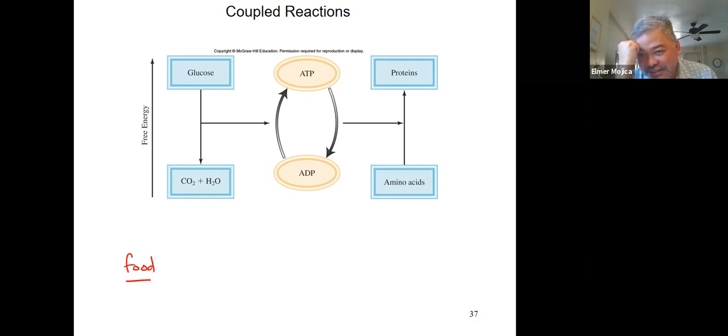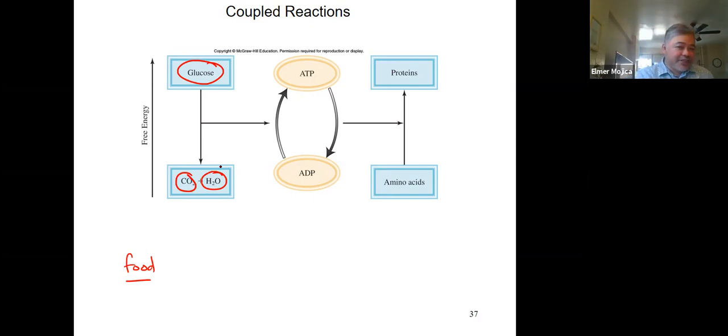The question is, eat to live or live to eat? But why did I say food? Because that's where your glucose comes from. Your glucose is going to be broken down by metabolism to CO2 and H2O. So what happens to that? You produce energy, right?